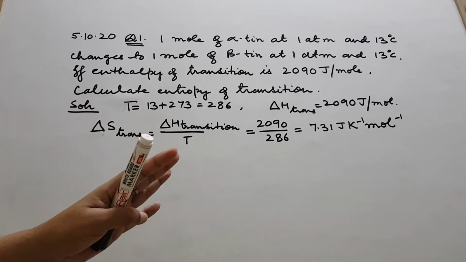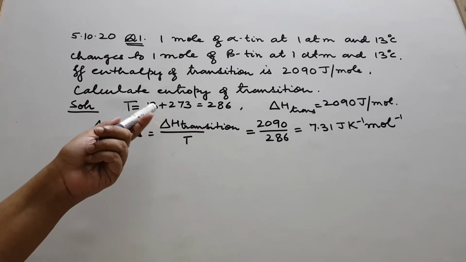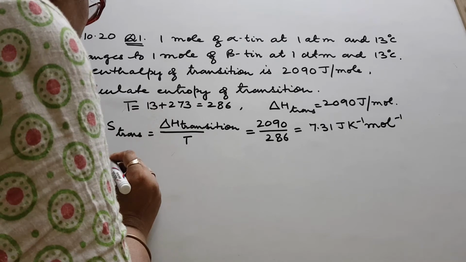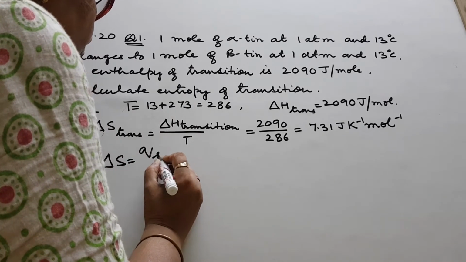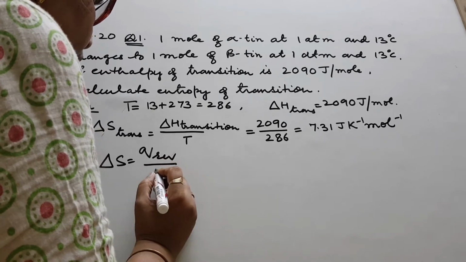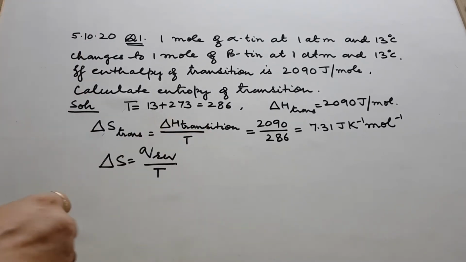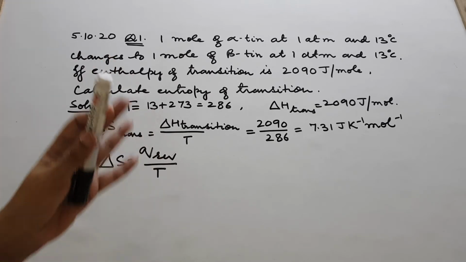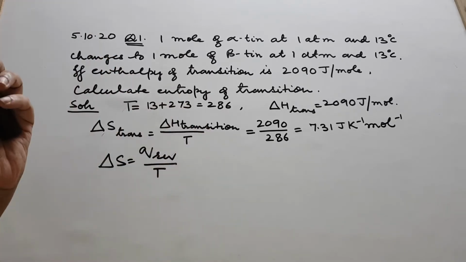So in these formulas where it was Q reversible upon T, it has taken the shape delta H upon T. I used to write delta S is equal to Q reversible upon T. Q reversible is nothing but the heat given out or absorbed at constant pressure. When there is no mention, it is obviously at constant pressure, which was nothing but delta H.